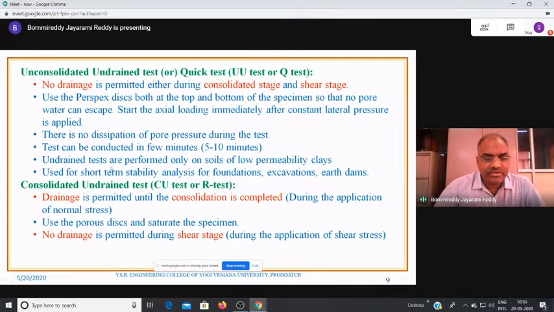This type of test is used for short-term stability analysis of foundations, excavations, and earth dams. We can conduct the unconsolidated undrained test very quickly.